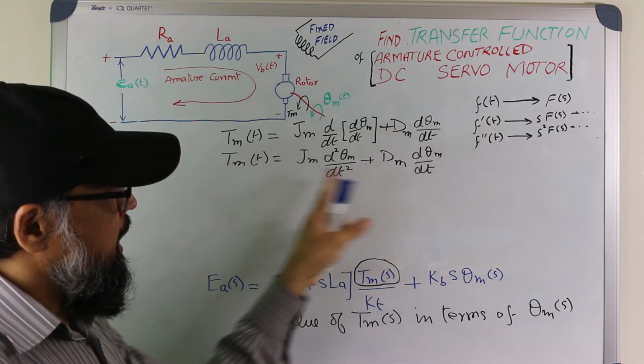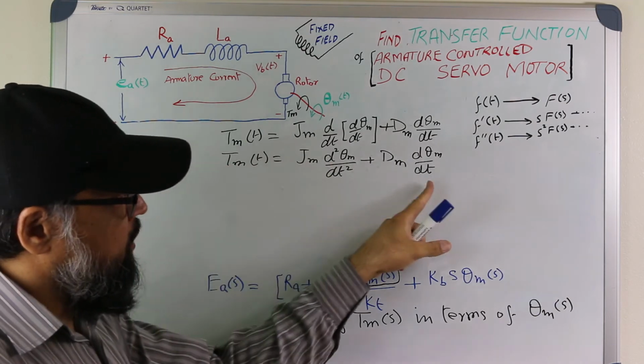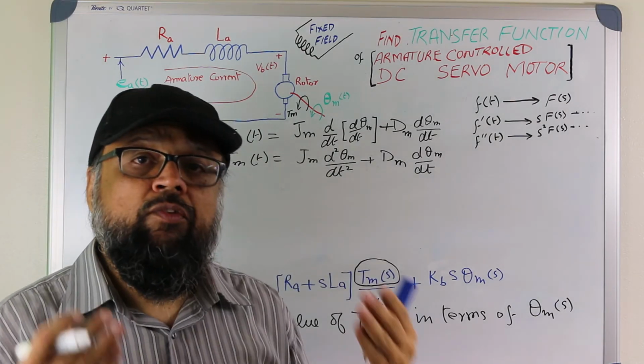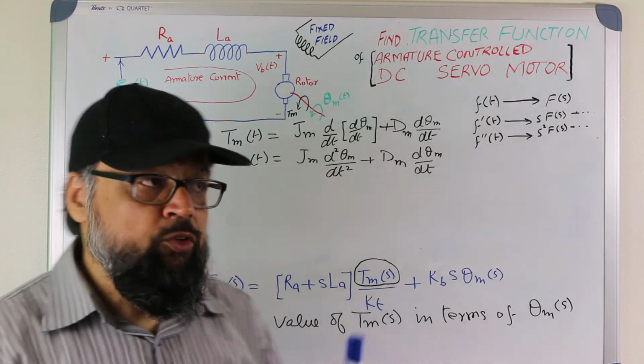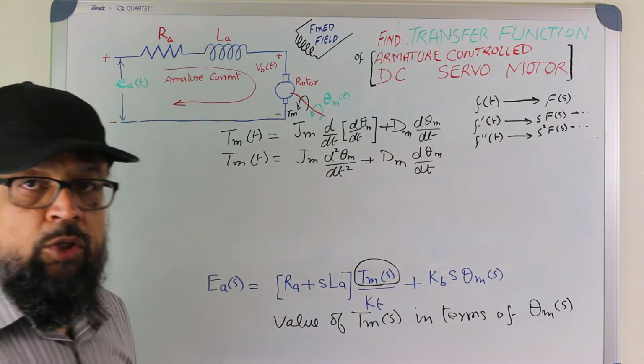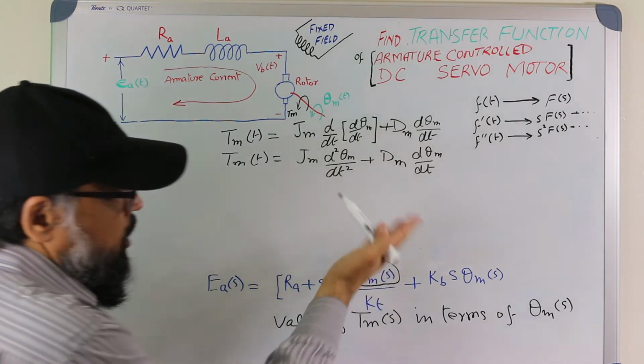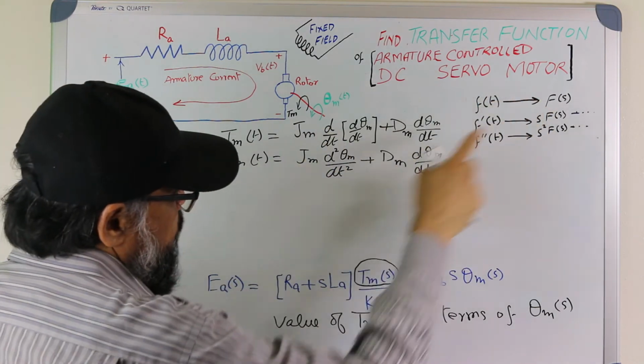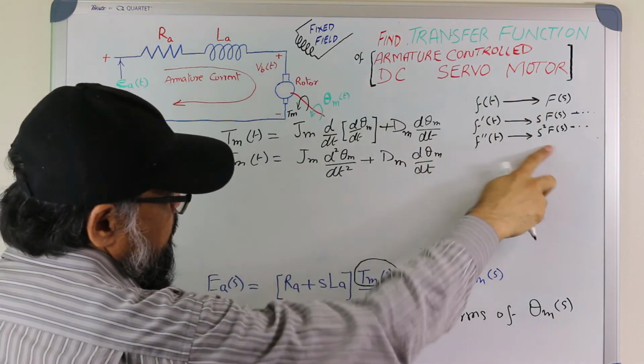So now we have torque in terms of theta. This is what we were looking for, the value of torque in terms of theta. So the only thing left is we have to go to S domain using again the same formulas. This is the square formula, this one.